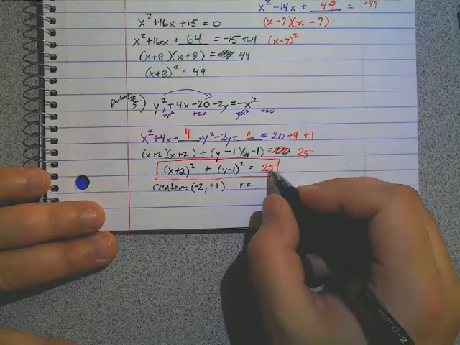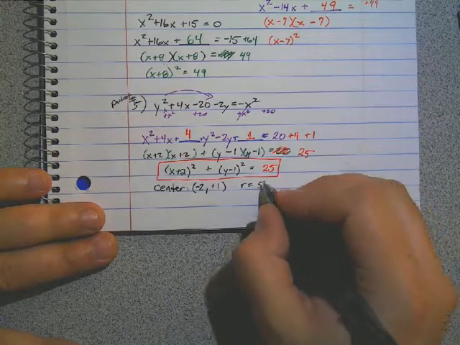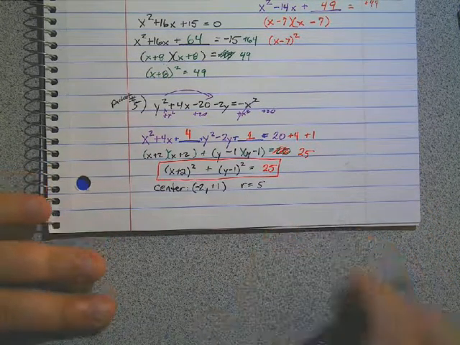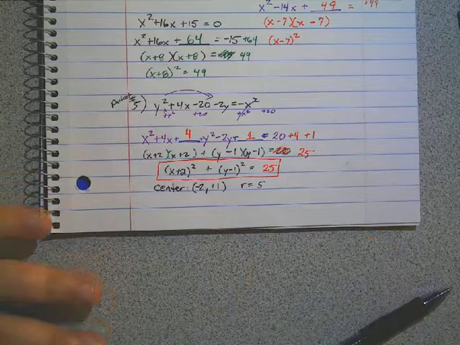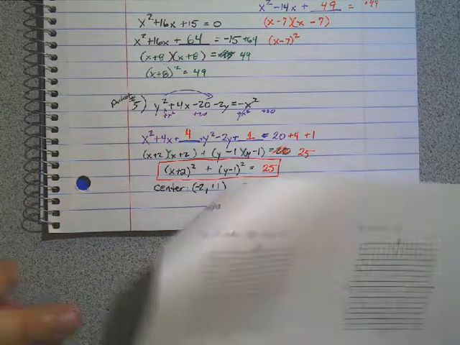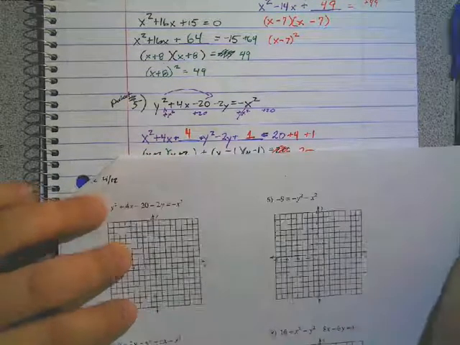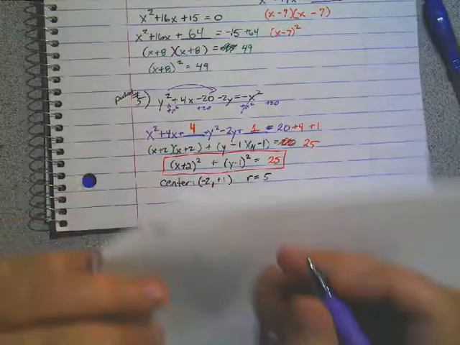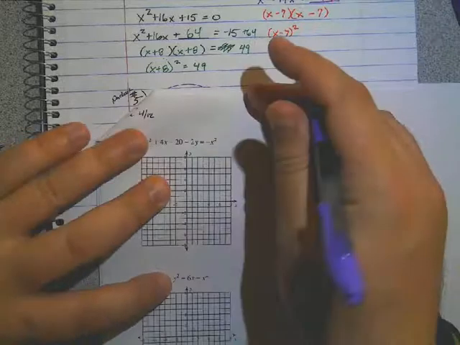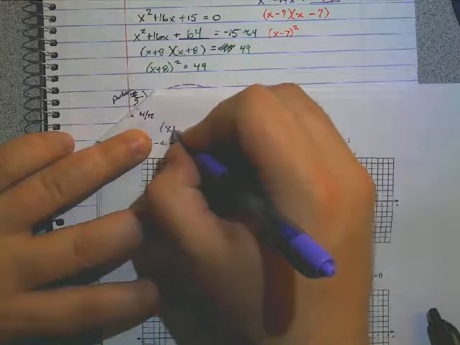We just did this before we started working on notes. It's negative 2 and positive 1. And what's the r? Is it 25? It's the square root, which is 5. Good.